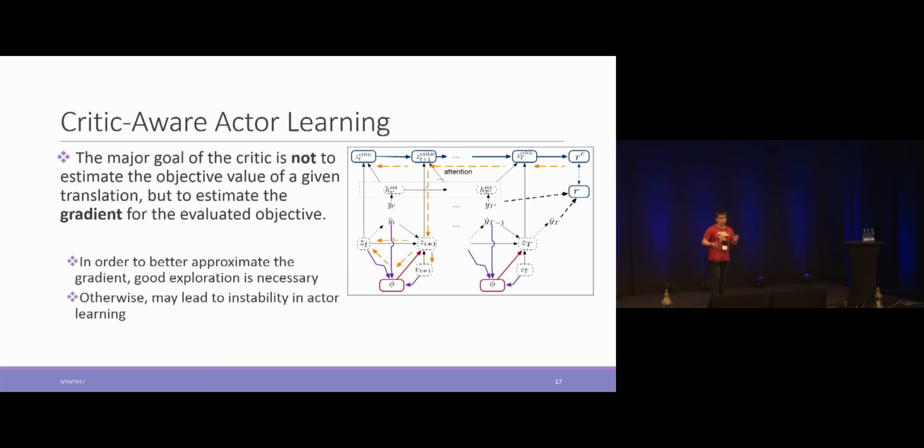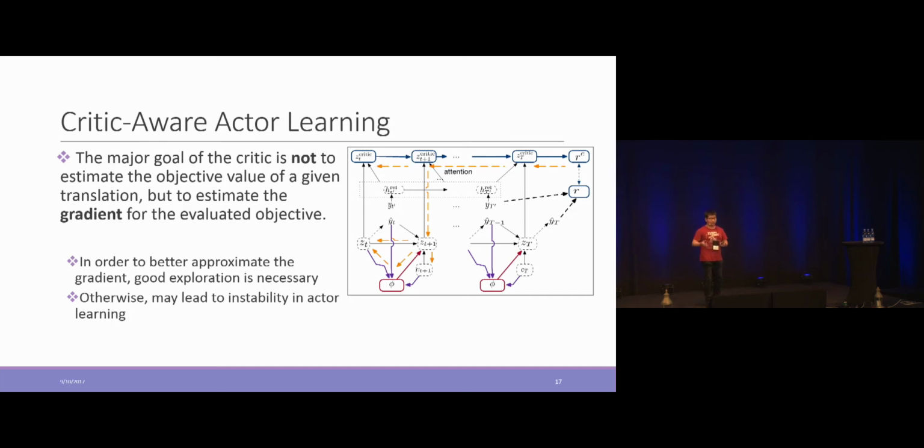Although we trained it to minimize the L2 distance, the goal of the critic is actually to estimate the gradient of the evaluated objective, because the critic will always pass the gradient back to the actor and train the actor. So to do this, the critic needs to know, if I change the actor a bit, and the actor's output changes a bit, how much it will change the reward.